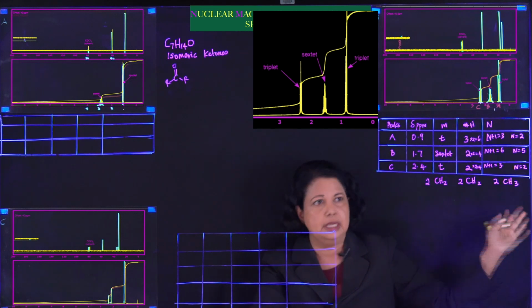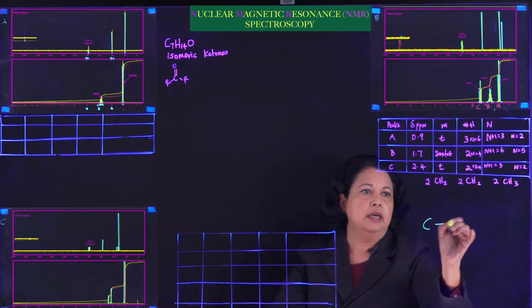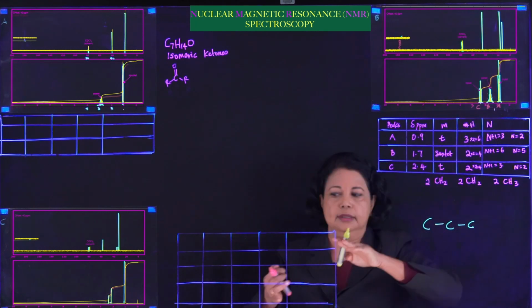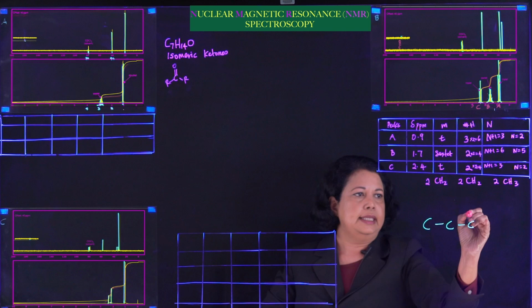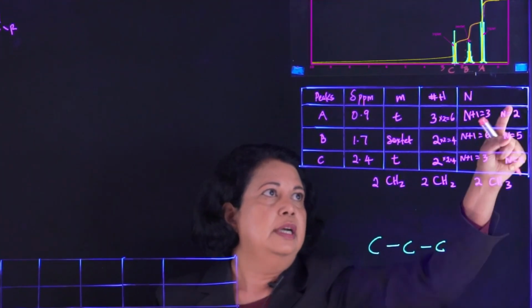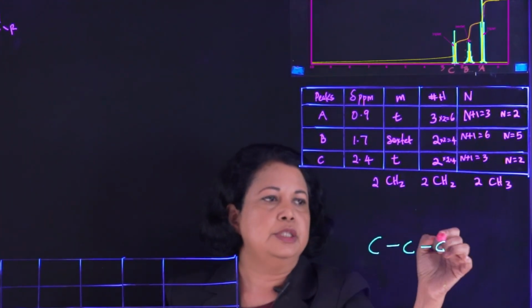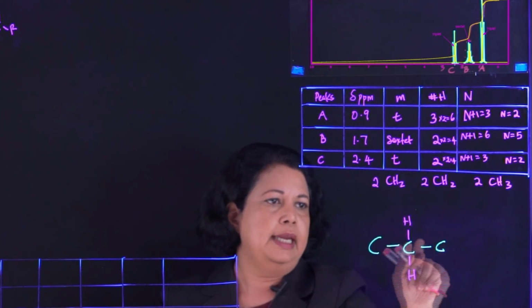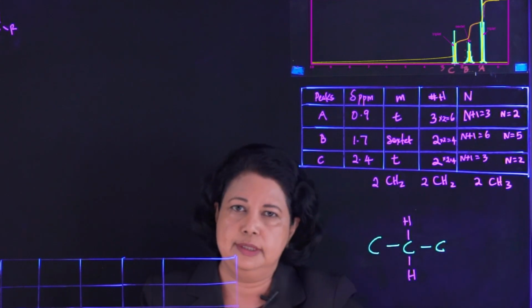Well, let's put it just like it sounds. 3 carbons in a row. Well, that kind of corroborates that those are your alkyl carbons. And let's see, you need to have 2 triplets. That means 2 of these carbons should have a neighbor that has 2 hydrogens.